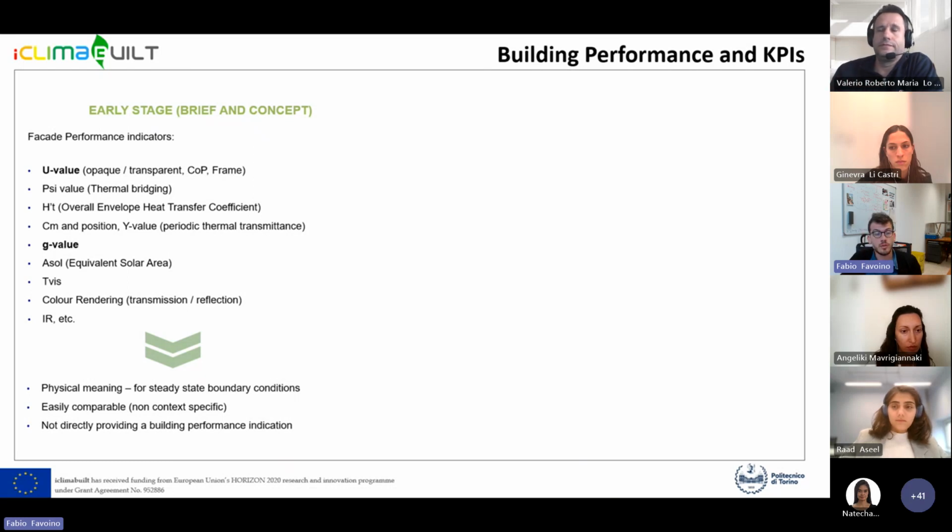But they do not provide a direct measurement of performance at the whole building level. And moreover, when we go from traditional standard building envelope to something that can change its properties and behavior according to the boundary condition, then this kind of metrics do not make sense anymore.